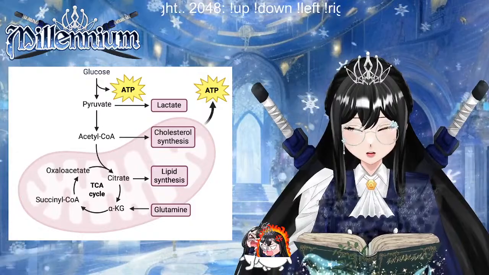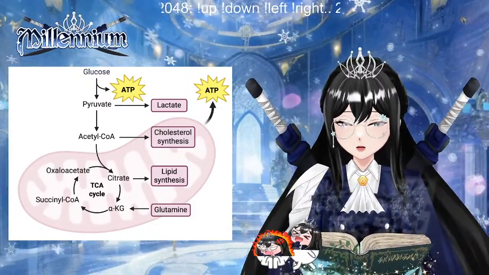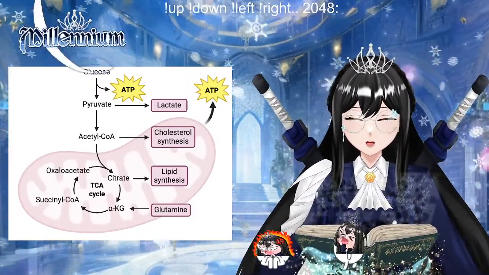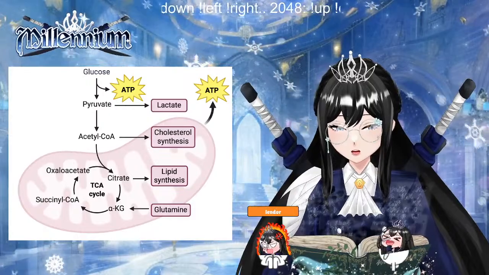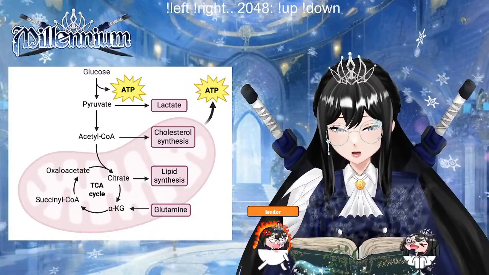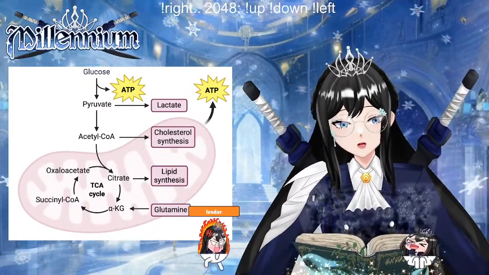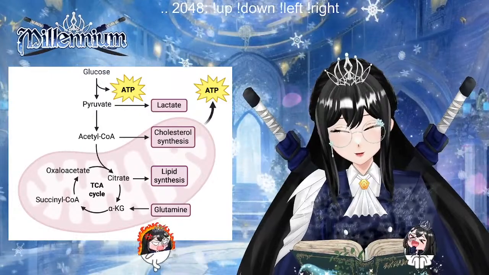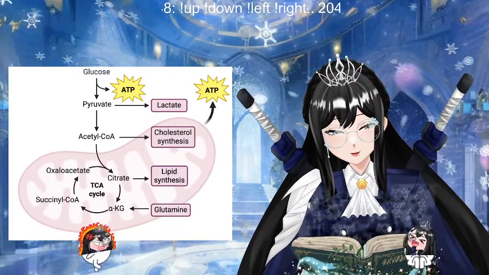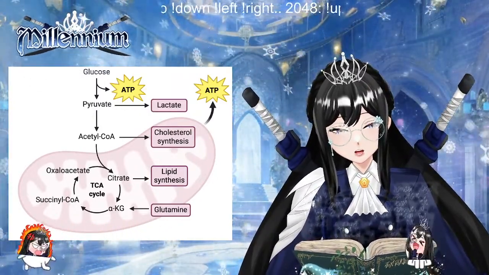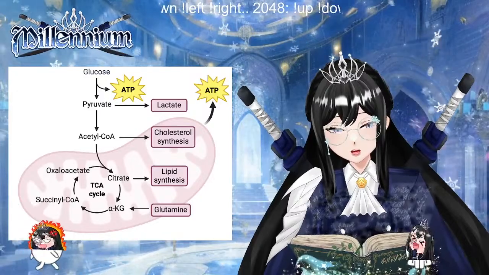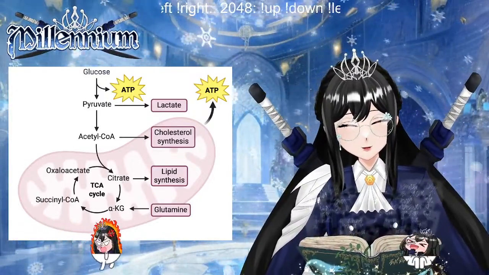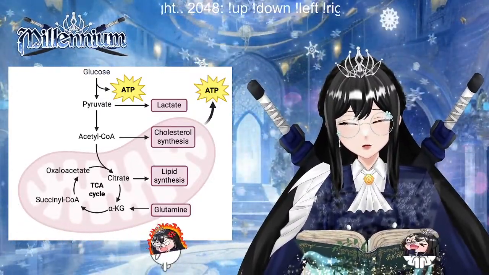Fructose 6-phosphate into fructose 1,6-bisphosphate, and you use ATP there. Then that final 6-carbon sugar is split into 3-carbon molecules, glyceraldehyde 3-phosphate (G3P) and dihydroxyacetone phosphate.